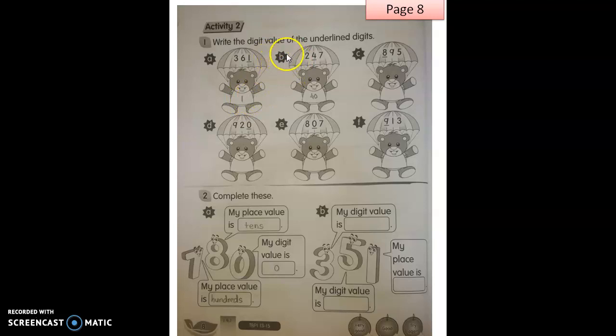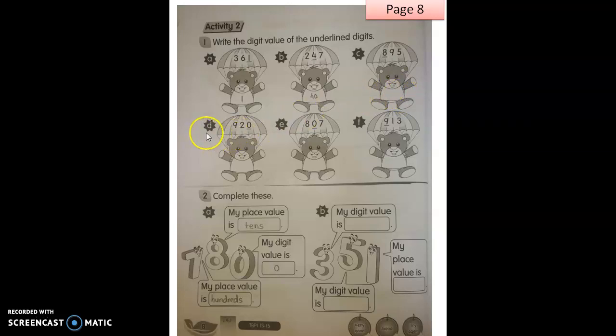Look at question B, 247. 4. Right here, 40. C, 895. 8. Right here, 800.